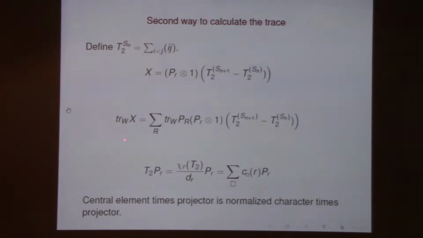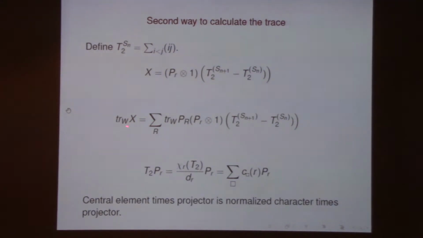And then you're calculating the trace of that in tensor space. And tensor space is this tensor product, which has a direct sum decomposition in terms of Young diagrams. And I can insert a sum of projectors onto all Young diagrams here. So in other words, this is a representation theory way of calculating the same trace.